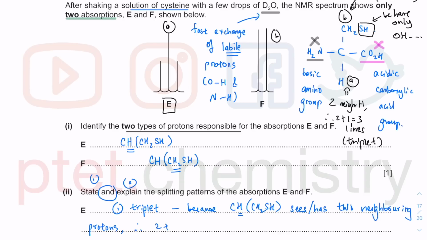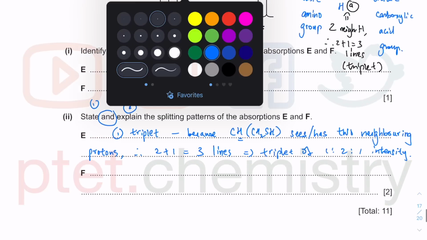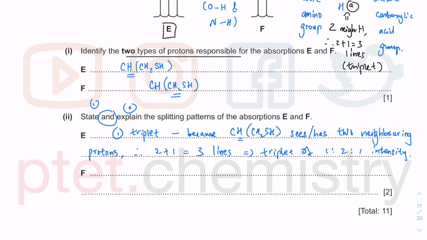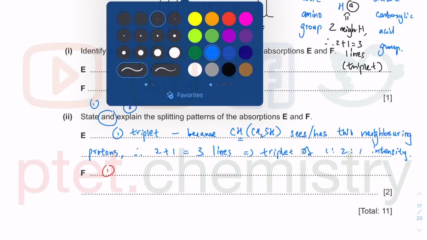Therefore, 2 plus 1 equal to 3 lines, and 3 lines is a triplet of 1:2:1 intensity. I'm pretty sure you won't get penalized without the intensity ratio, but I'm just telling you that's part of the Pascal triangle, which you have done in mathematics binomial expansion.